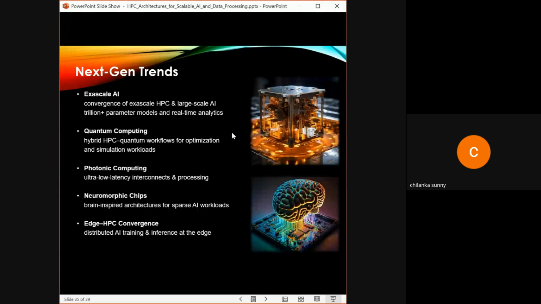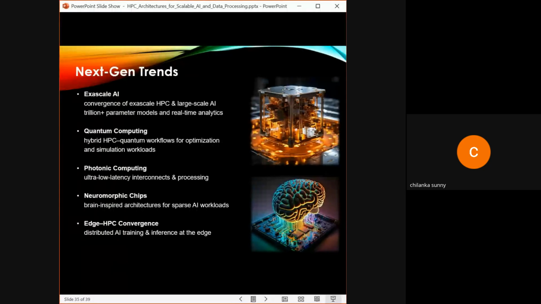And quantum computing is beginning to play a role in HPC, particularly for specialized tasks such as combinatorial optimization and molecular simulations. Even though fully general purpose quantum compilers are not widely available, these systems are often accessed through cloud or hybrid HPC quantum setups.